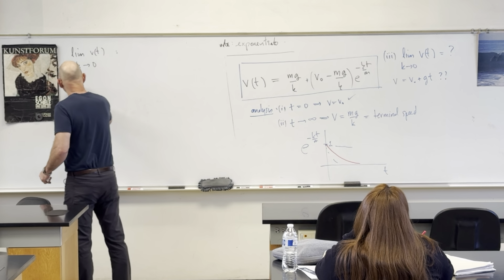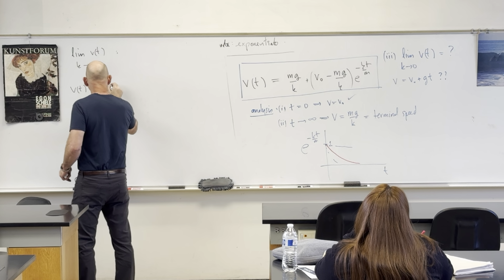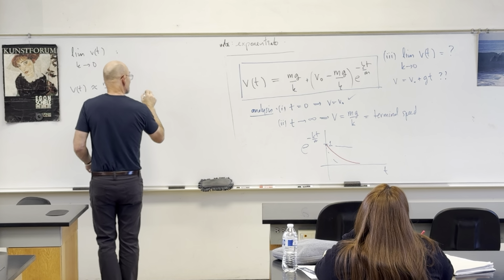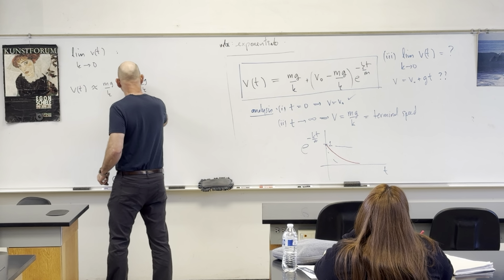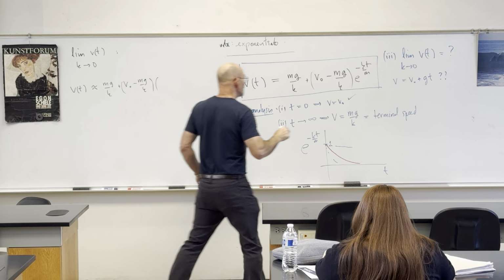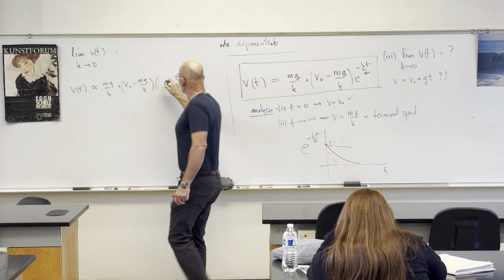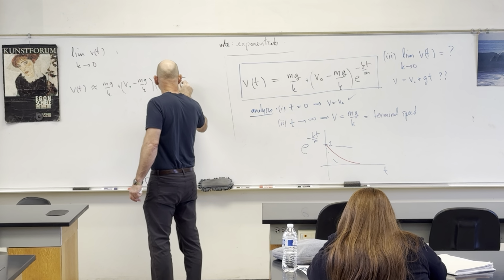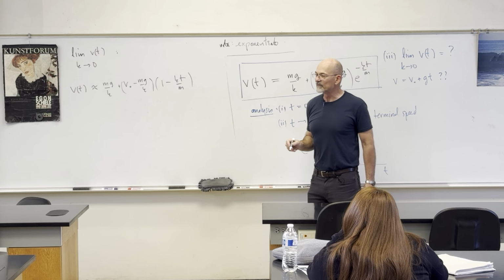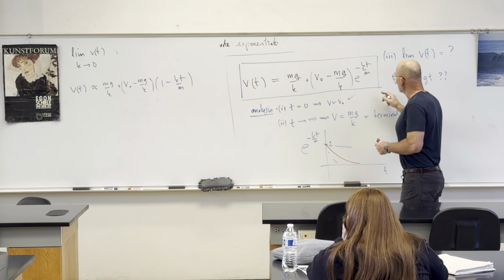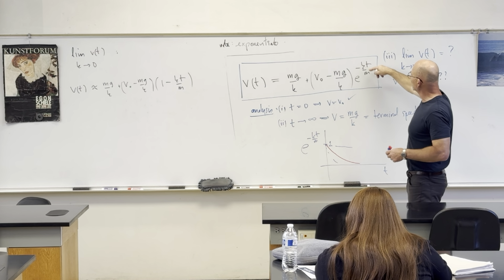So what we're going to get is v of t approximately mg over k plus v naught minus mg over k, and the first non-trivial term here, we're going to have 1 minus kt over m. That's the linear approximation, the Taylor expansion of the exponential, which goes as 1 plus x, and x is minus kt over m.